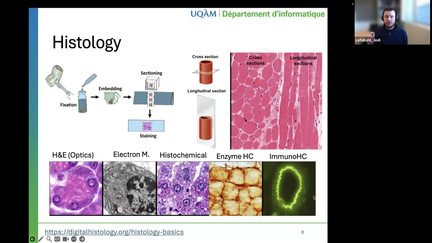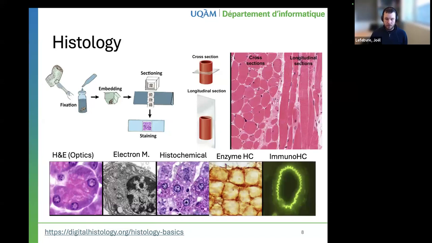Another thing I want you to realize is that with histology, the appearance of what you will see will depend greatly on how you slice the sample. So for example, if you do a cross-section of a vessel, the same fibers will appear completely different from a longitudinal section, or you can also do sections in other orientations.